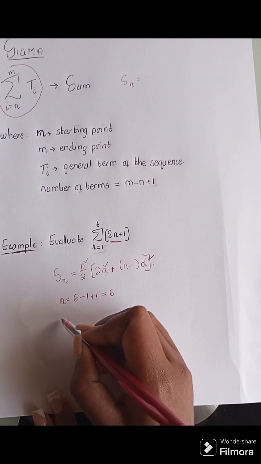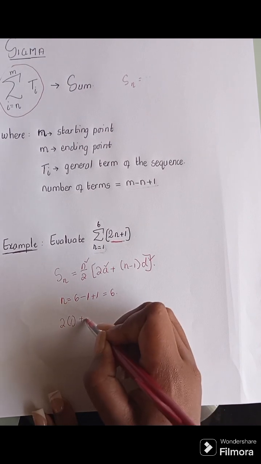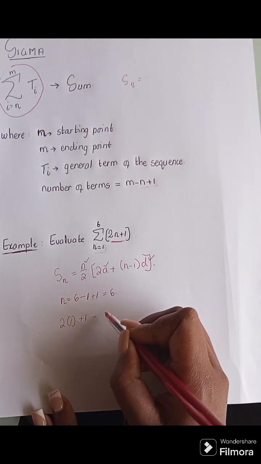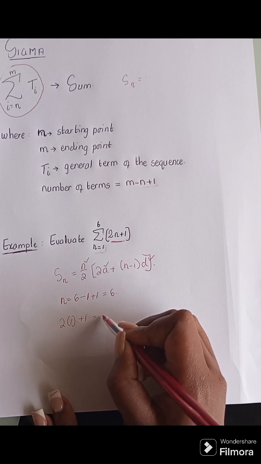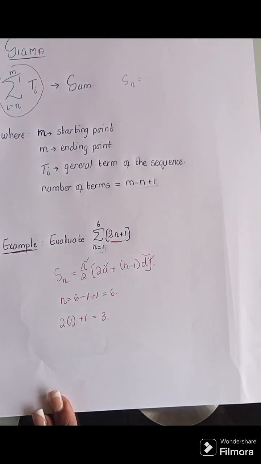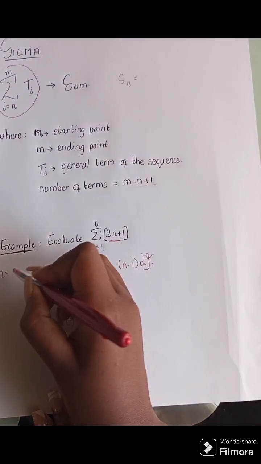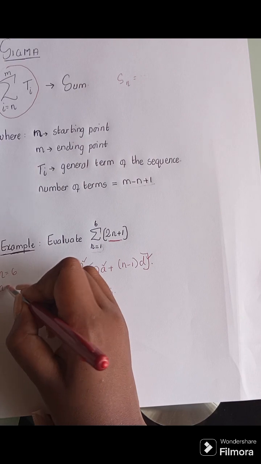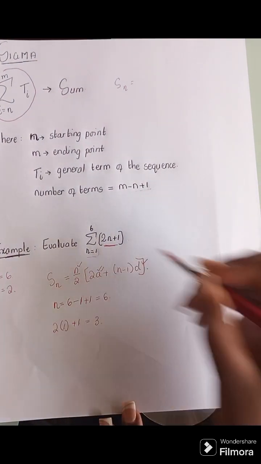So we're going to say 2 into 1 plus 1, is equal to 2 times 1 is 2, plus 1. It is going to give us 3. So this is our a. Okay, let me put them here. So our n is 6, and then our a is 3. So we have found a.